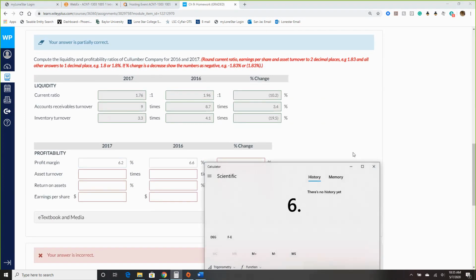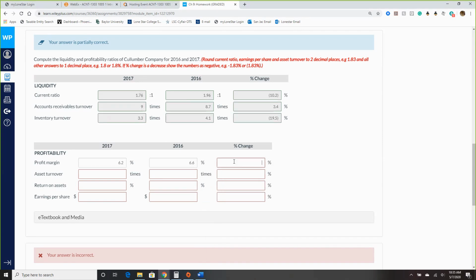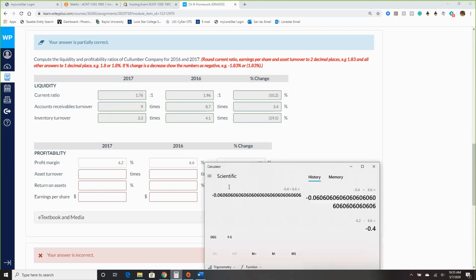So 6.2 minus 6.6 divided by 6.6. It went down by basically 6% on the 2. So that's a percentage overall change of 6%. Okay.